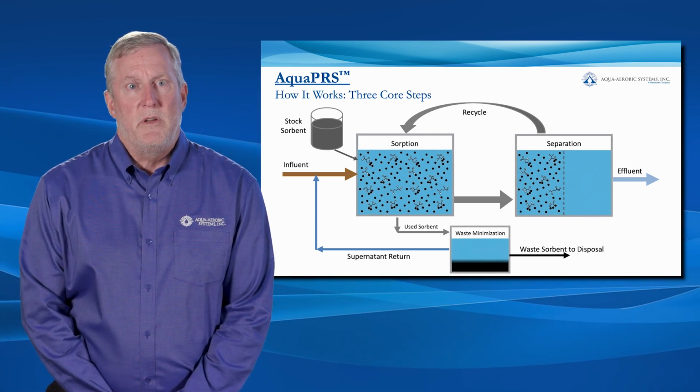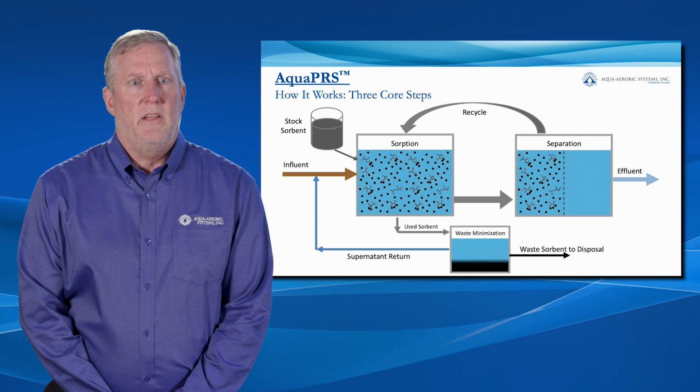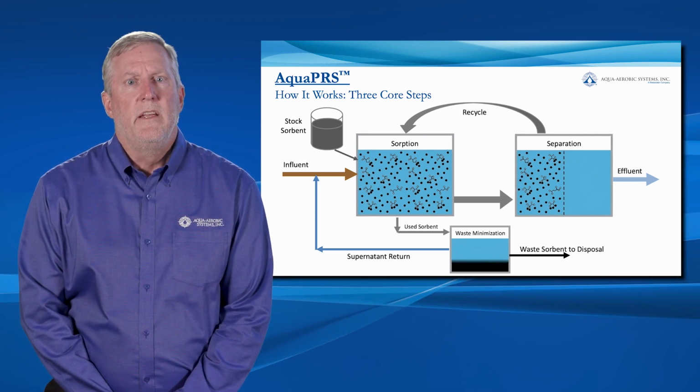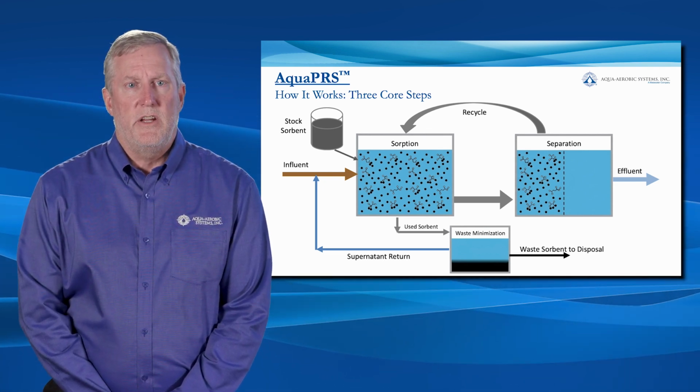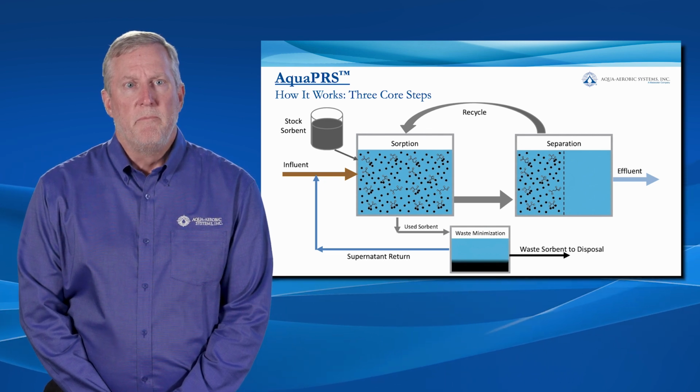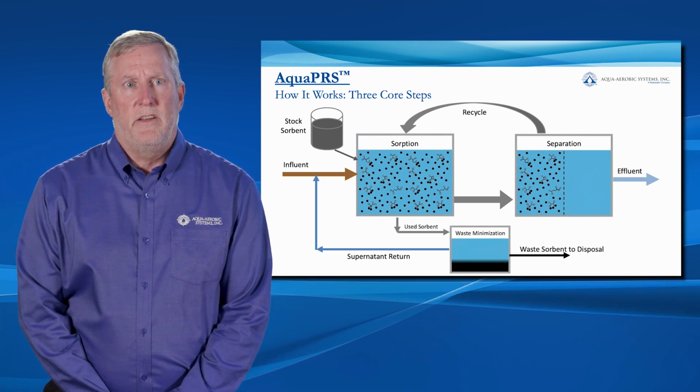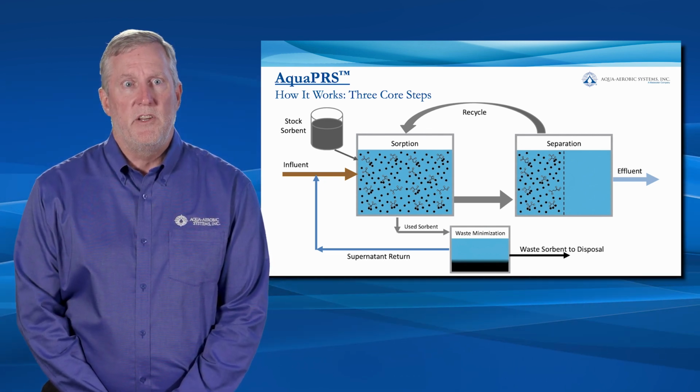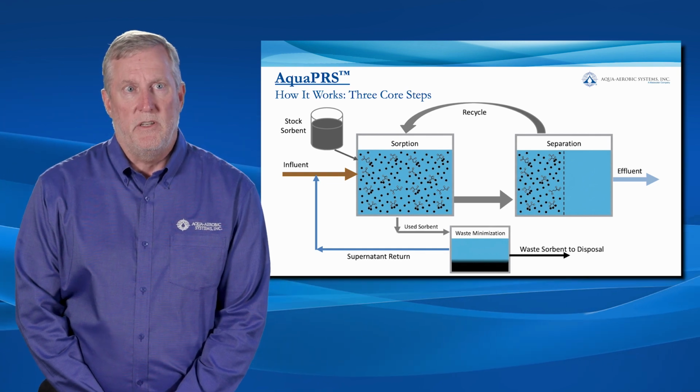It's a completely automated process and it's simplified. The concentrated material is generally in a concentration of 20 to 25%, so we've minimized the amount of water. So it's basically broken down into 3 steps: absorption, separation, and waste minimization.